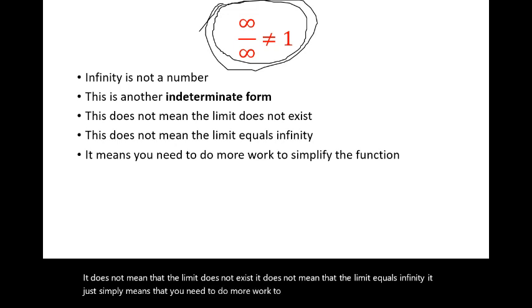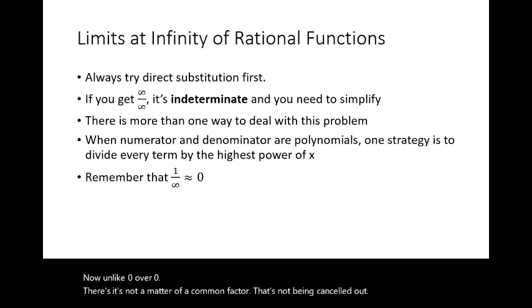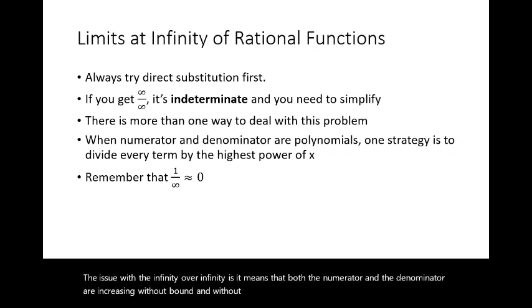Now, unlike 0 over 0, it's not a matter of a common factor that's not being canceled out. The issue with the infinity over infinity is it means that both the numerator and the denominator are increasing without bound and without restriction. So no amount of factoring or rationalizing is going to help you with infinity over infinity.